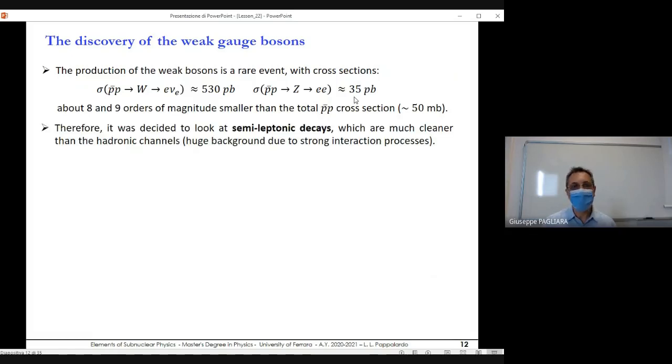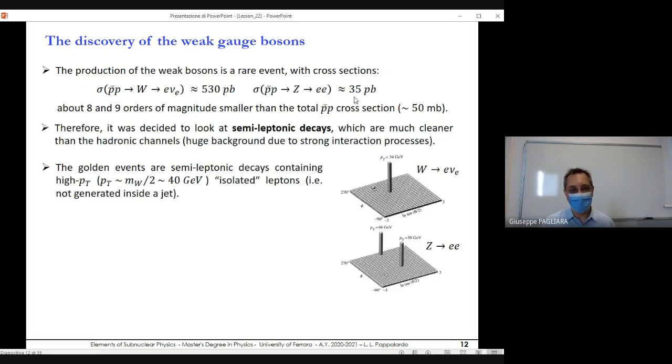The better choice was to look at semi-leptonic decays. Okay, so where now the W or the Z decay into leptons. The W can decay into a charged lepton and its neutrino, and the Z into a lepton and antilepton, electrons or muons, plus and minus. And one has to look in particular at events where these two leptons share a very large transverse momentum.